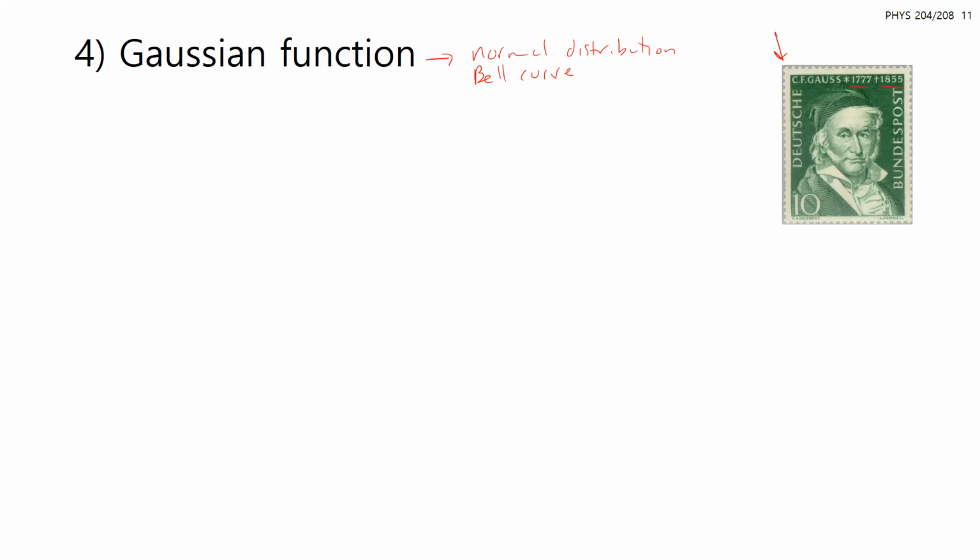The reason I mentioned the normal distribution or bell curve, which I'm guessing you've seen in your other classes, is because the Gaussian function is very useful to represent random probabilities. Another word for random probabilities is a stochastic process.